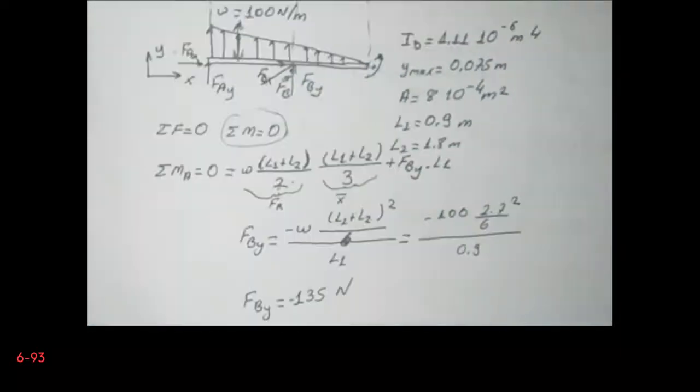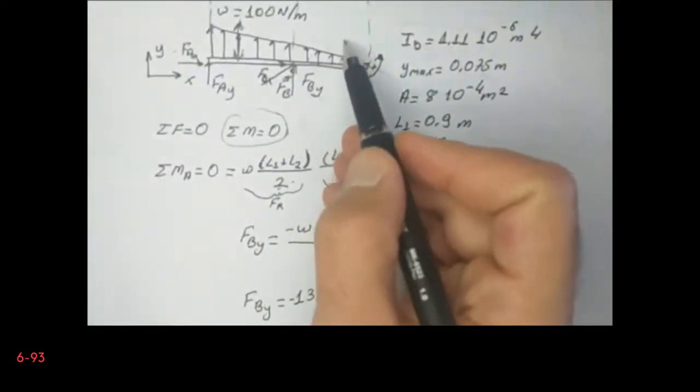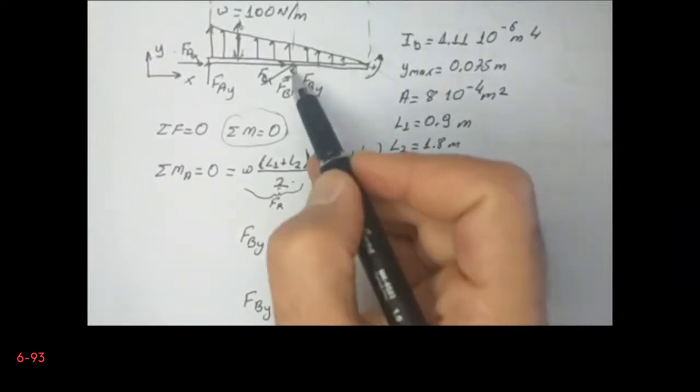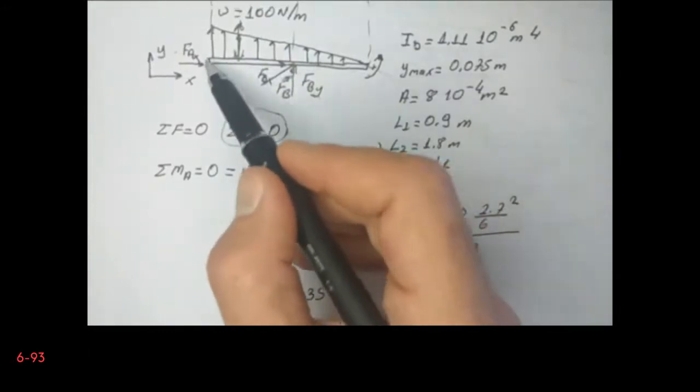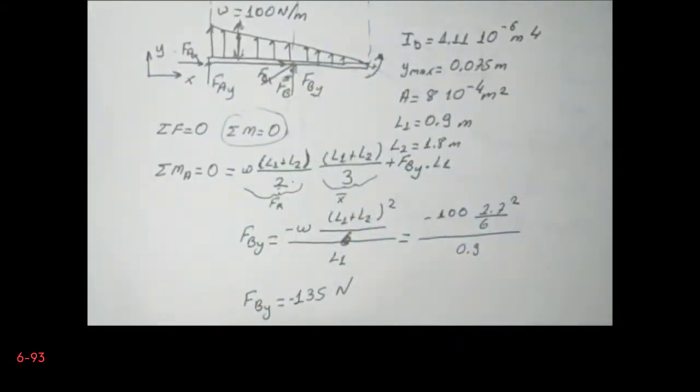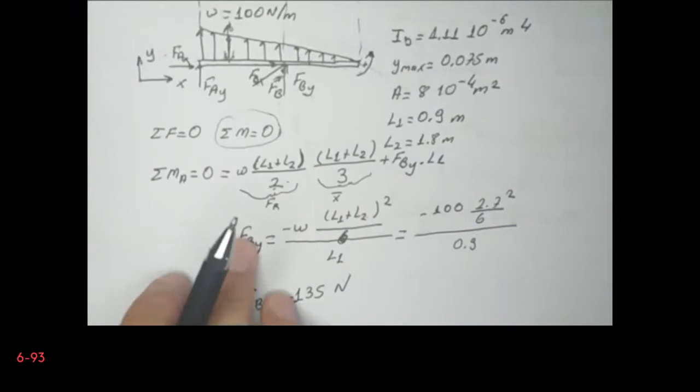Then next is to draw the bending moment diagram. Of course, first I will cut the structure between B and free end. Then I will make a second cut between A and B in order to draw the moment diagram. So this is my first cut.